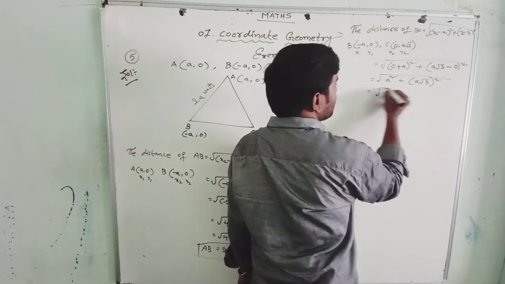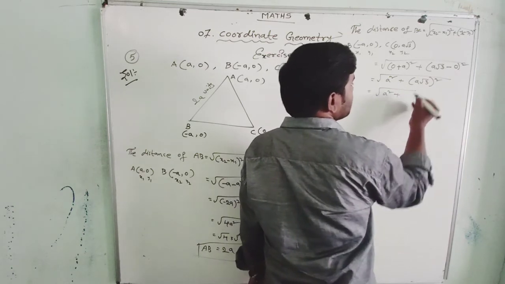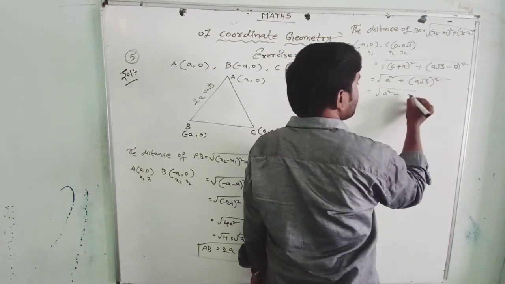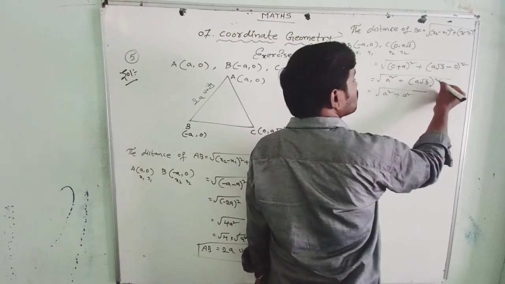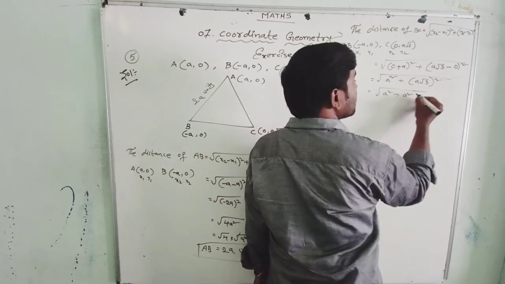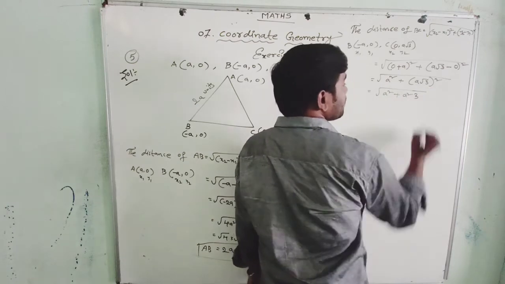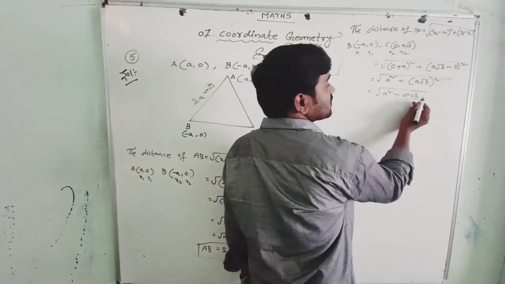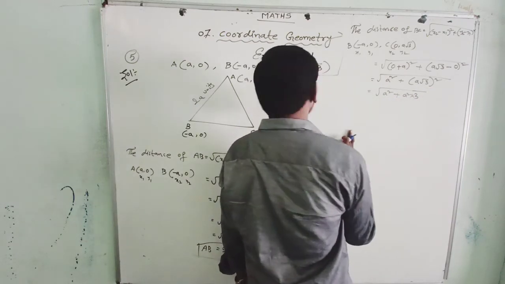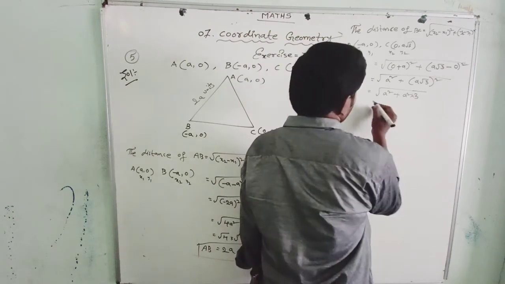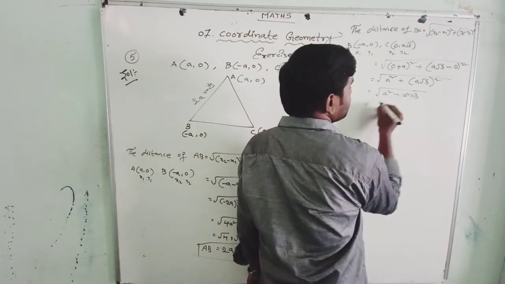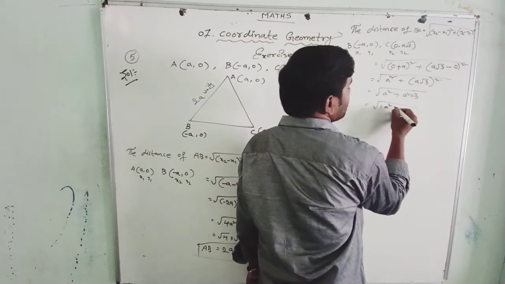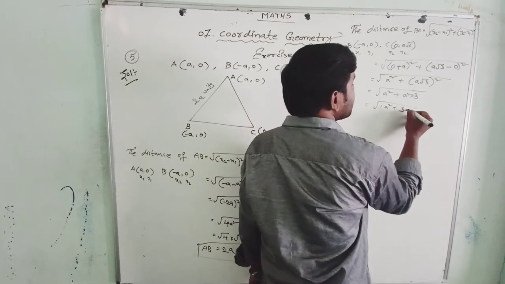So that is 0 plus a square plus a root 3 minus 0, that is a root 3 whole square. The first term is a square, plus a square into root 3 whole square; square and square cancel, so we get 3. So a square into 3 is 3a square.